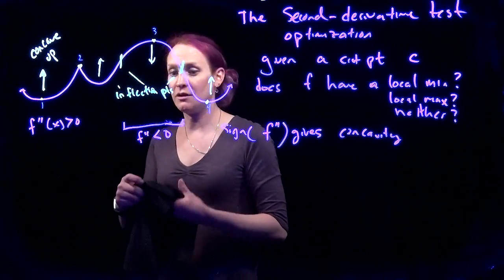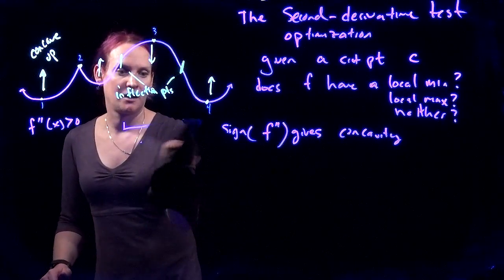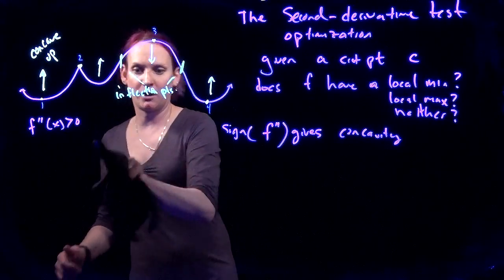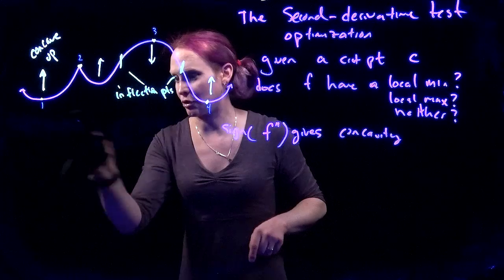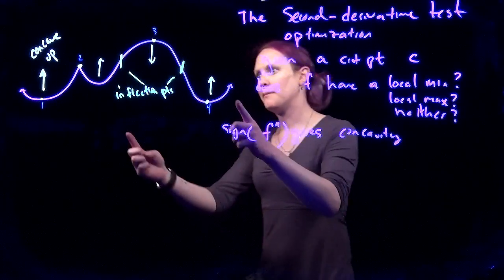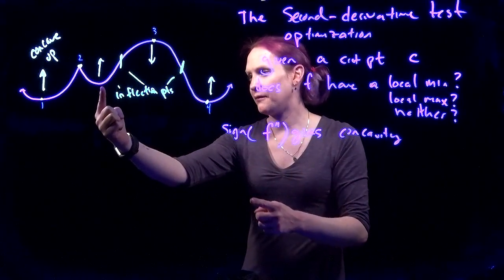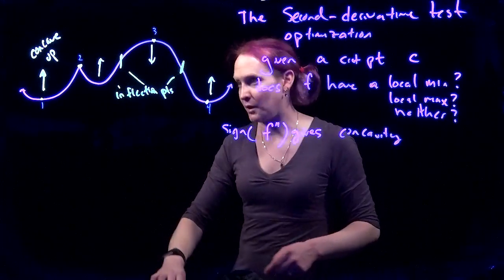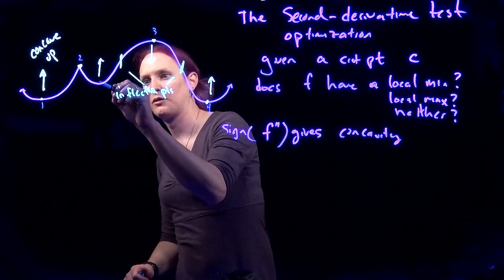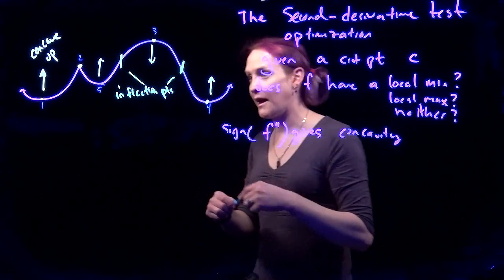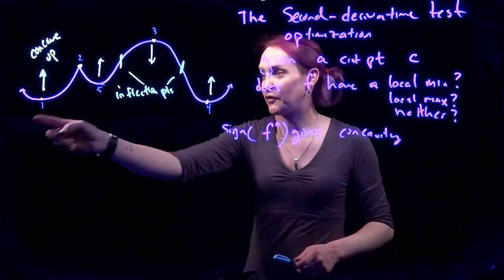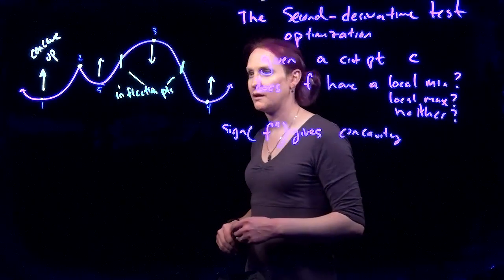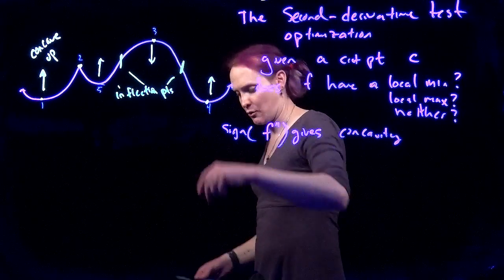I would like you to notice that for the relative minima that I drew in this picture, the minimums all have, oh, I missed one. This is supposed to be number 5. Okay. At the minima, they're all concave up, where it's smooth like that, right? The maxima is concave down.